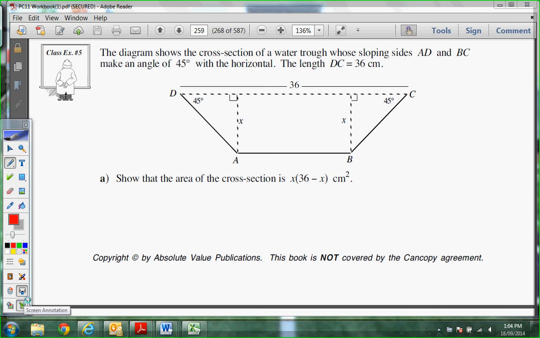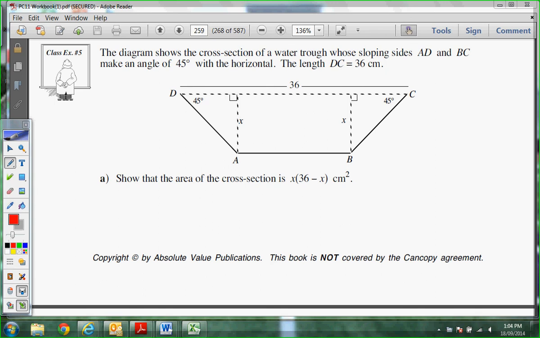Diagram shows a cross-section of a water trough whose sloping sides AD and BC make an angle of 45 degrees with the horizontal. The length of DC is 36. Show the area of the cross-section is x times (36 minus x) centimeters squared.